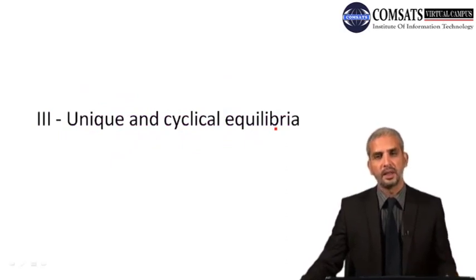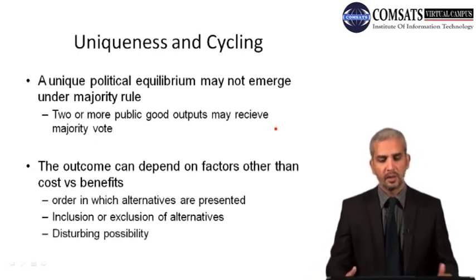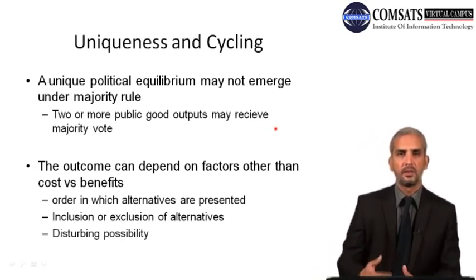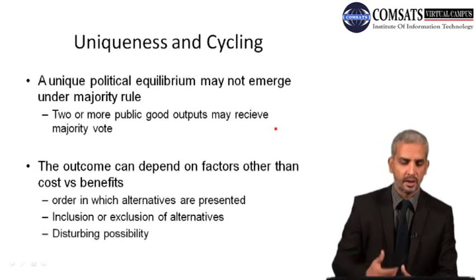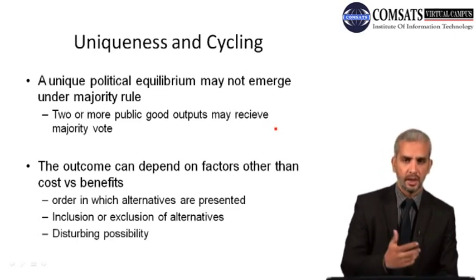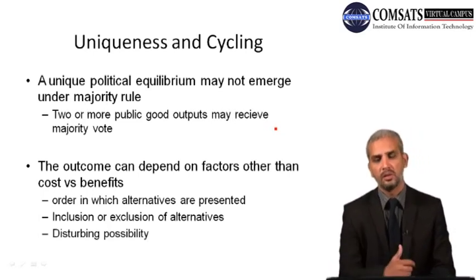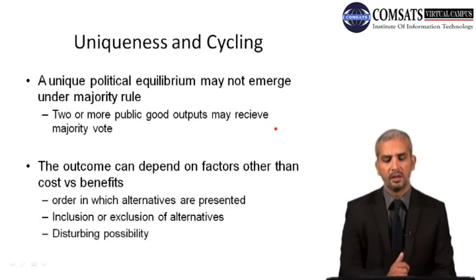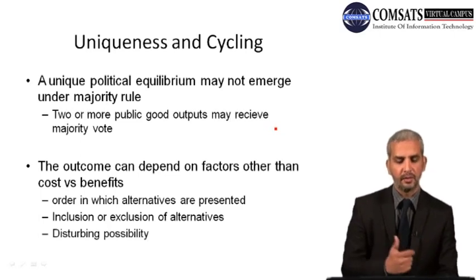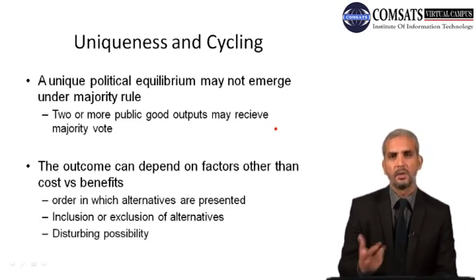We were discussing unique and cyclical equilibria. Now uniqueness of a political equilibrium may not emerge under the majority rule. Why? We discussed that very specifically with an example. I hope you would be better able to understand that in certain cases of majority vote, when there are 2 or 3 alternatives involved, the majority vote might not result in a political equilibrium. The outcome can depend on factors other than cost versus benefits. Because if it was only cost versus benefits, then the equilibria would be very simple.